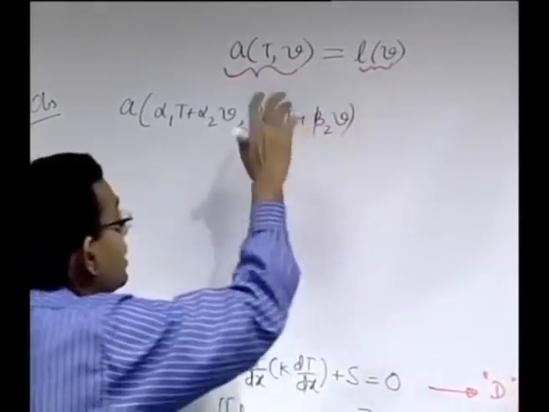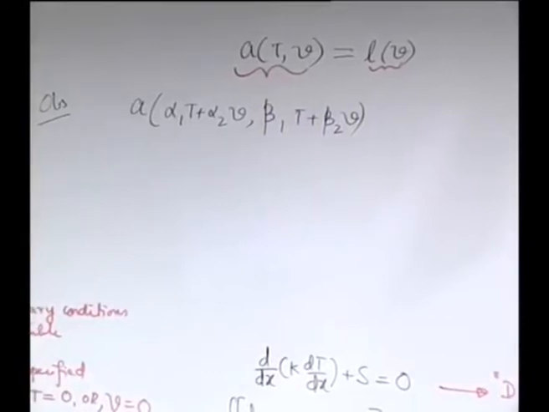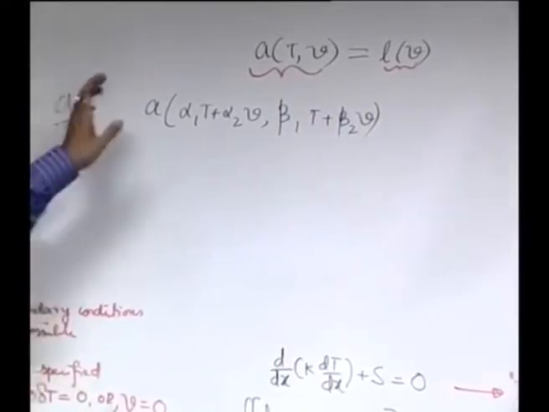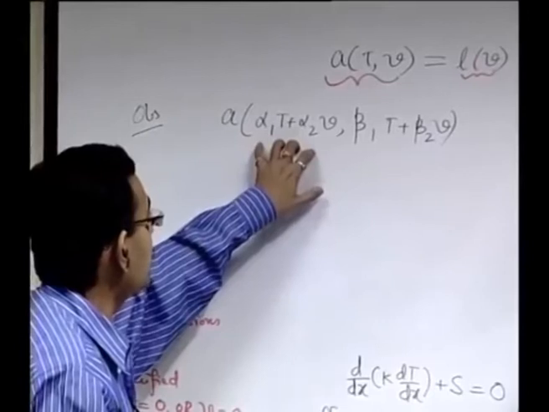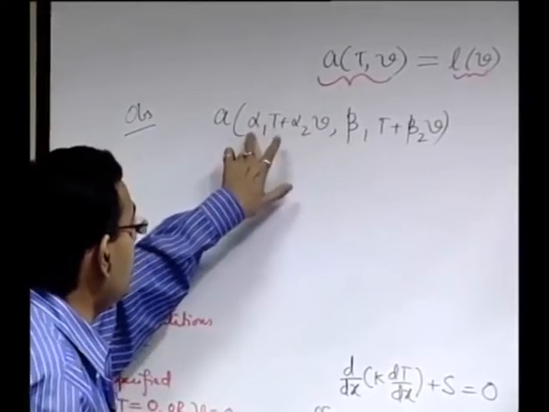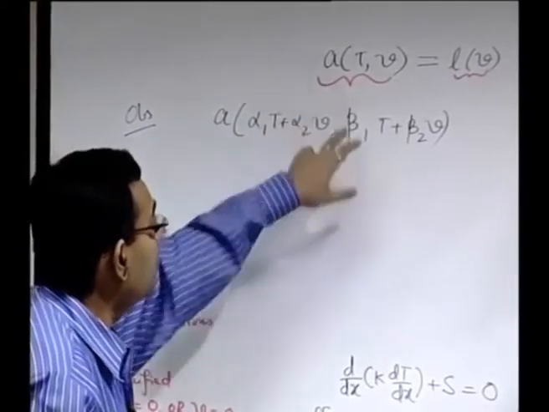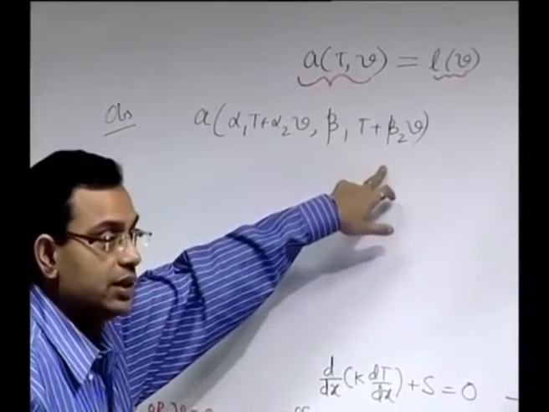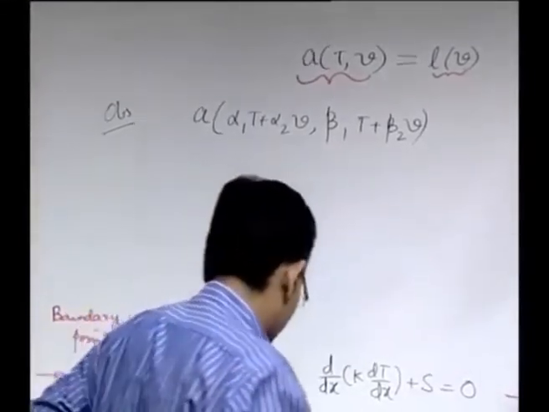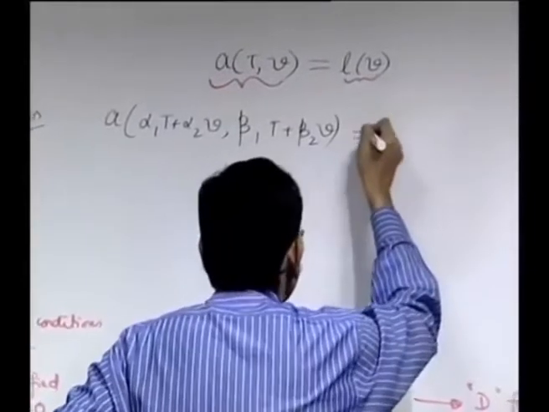A is a function of two parameters, that is what we first understand. Now, in each of these parameters we make some change: we replace T with alpha 1 T plus alpha 2 V, and V with beta 1 T plus beta 2 V. Let us see what we get out of that through this example.